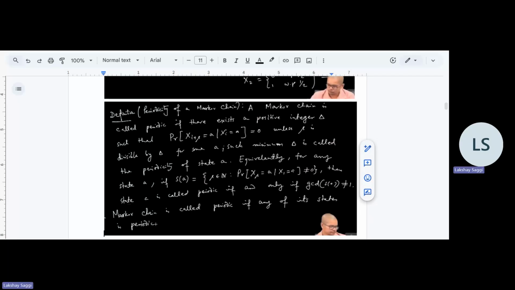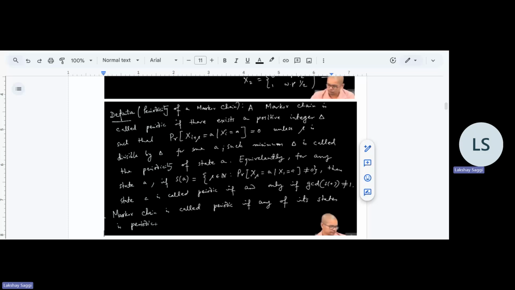So what it says is that for a state A, the periodicity of that state is the smallest number delta such that between time steps t and t plus delta, it always takes the value 0.